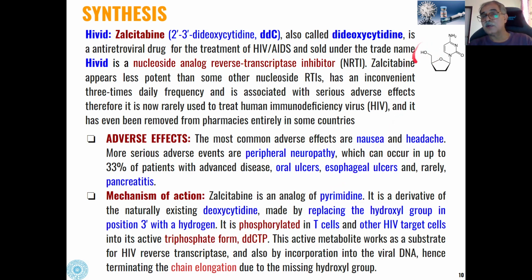Then this works as a substrate for HIV reverse transcriptase. Therefore, the chain elongation will be terminated, and the activity of the reverse transcriptase enzyme will be inhibited.